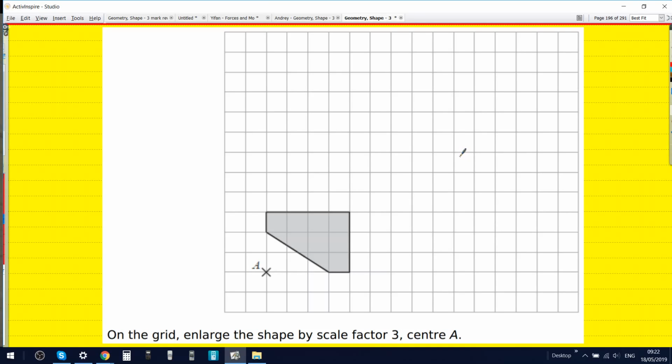Okay, so will that be the one just above it? No, just above A. Yeah, and that's just 2 up. That's got a B or something. Okay, and so is that 0, 2? Mm-hmm.